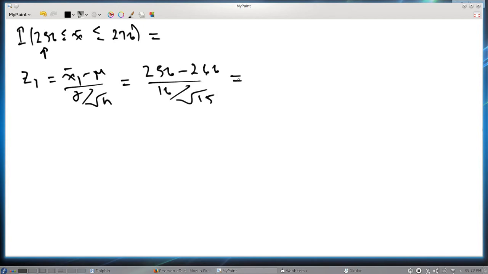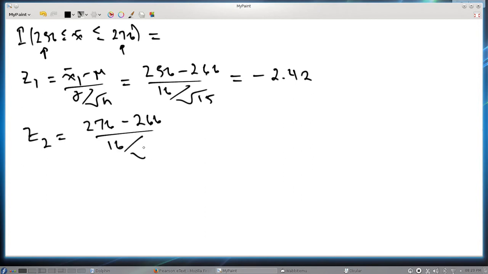And you can check this answer for yourself, which is going to be a negative 2.42, and a z2 which corresponds to a 276 of the x bar. We have here 276 minus 266 over 16 square root of 15, and that's going to give us 2.42.